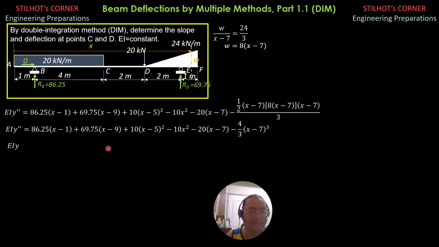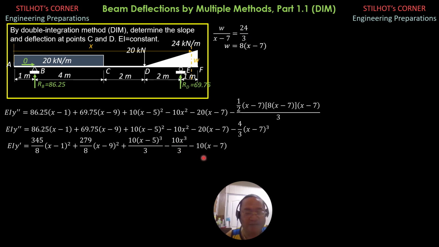Integrating once, EI y prime equals 345 over 8 x minus 1 square plus 279 over 8 x minus 9 square plus 10 thirds x minus 5 cube minus 10 thirds x cube minus 10 x minus 7 square minus 1 third of quantity x minus 7 to the fourth plus c sub 1.